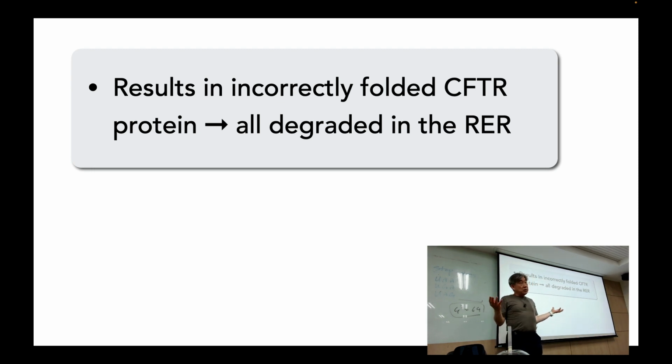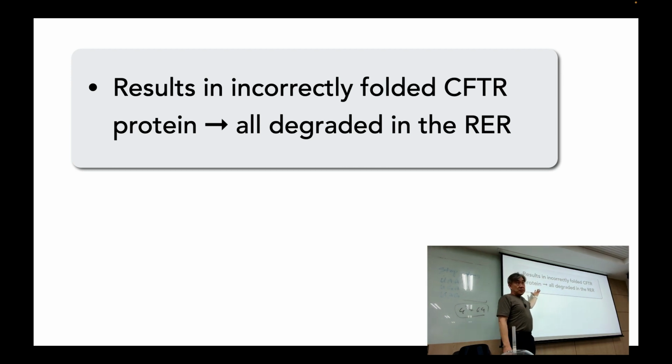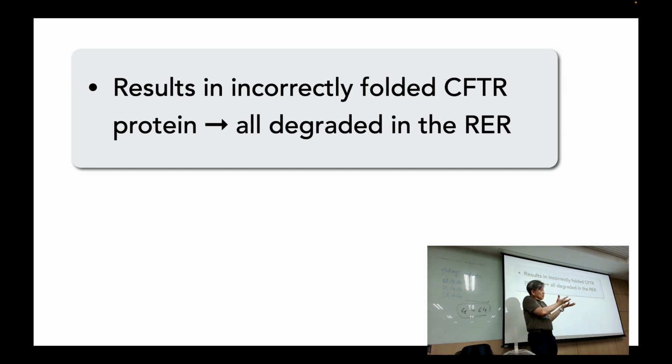So no CFTR protein can be available on the cell membrane if the individual having this mutation happens to be homozygous mutant. If they are luckily heterozygous, one normal copy of the gene can still produce normally folded protein, so those proteins can be present on the cell membrane.